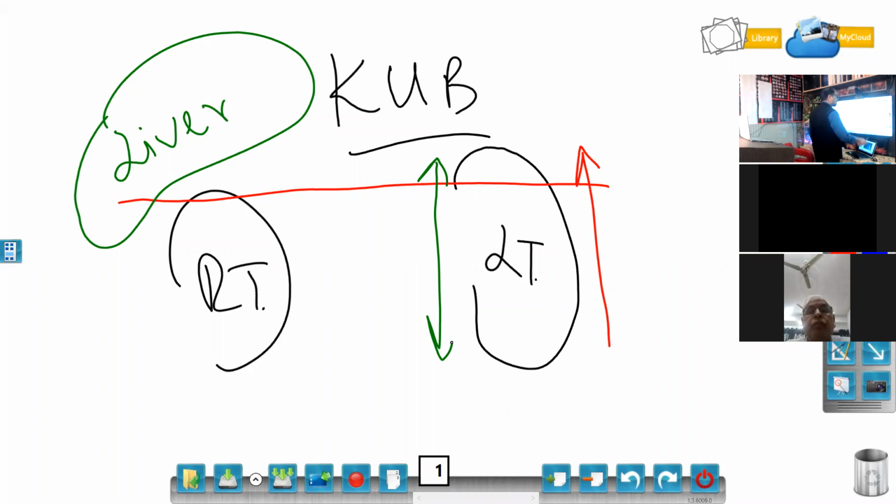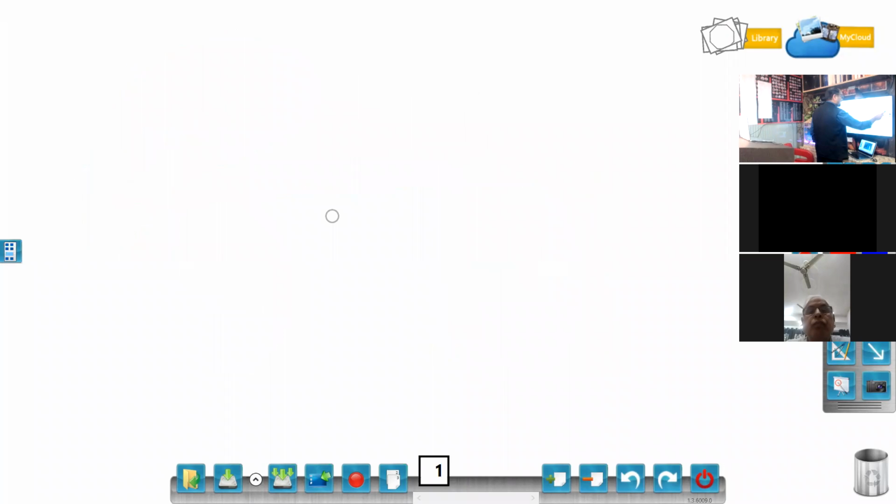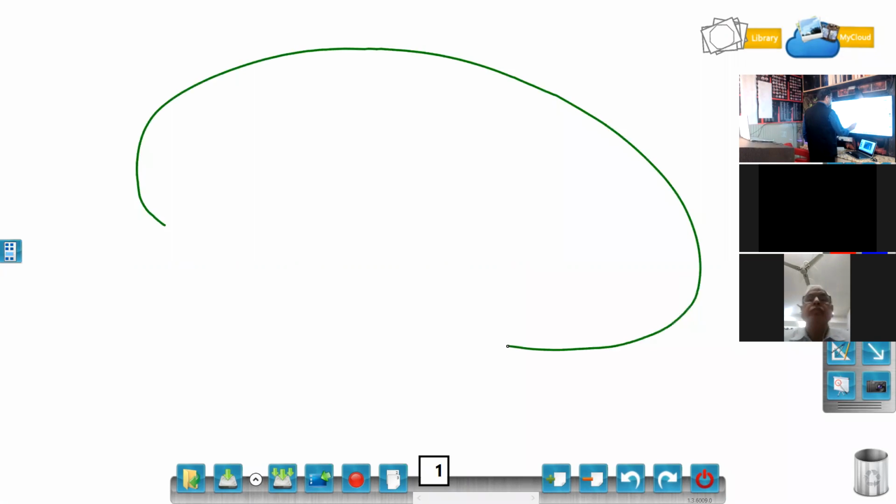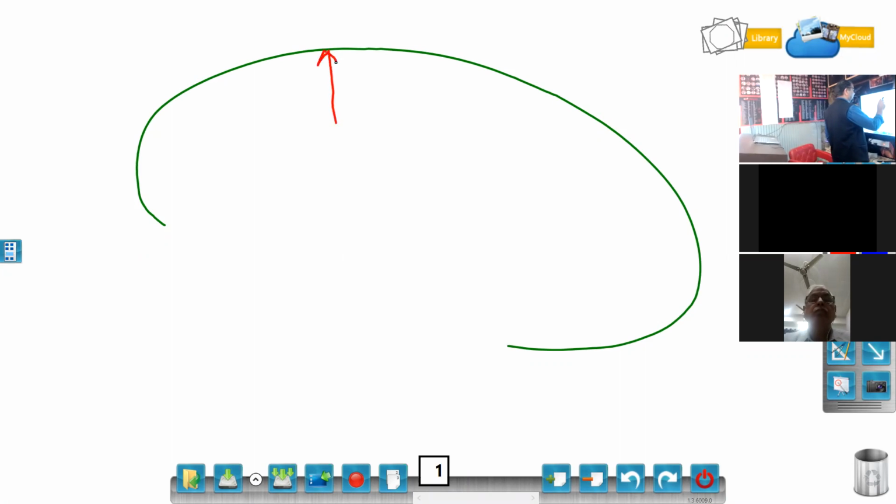Now, the important thing from the anatomy is where is the cortex, where is the medulla, the central sinus. You have to be very clear. We have already discussed this in our class. Now here, this is the parenchyma. This all is the parenchyma.